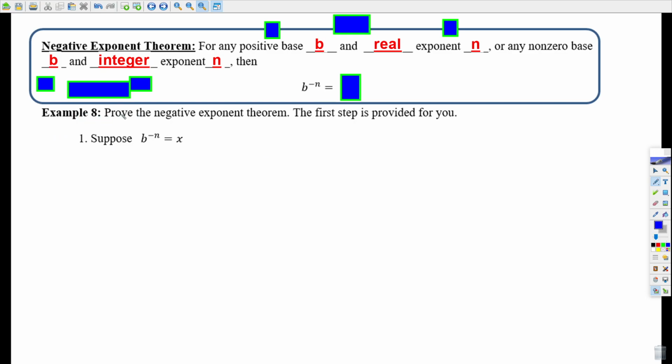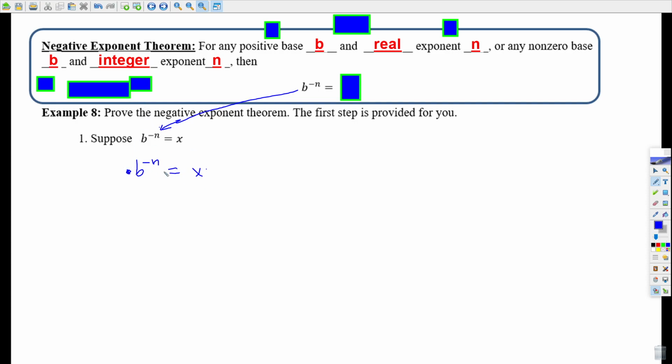Example 8. So it says, prove the negative exponent theorem. First step is provided for you. So we're going to first suppose that we take b to the negative n, which is the same thing that's up here, right? I'm going to set it equal to just some letter, x, some number. We don't know what it is. Okay, so I'm going to rewrite that down here in the next step. What I'm going to do is multiply both sides of the equation by the same thing, something very special actually.